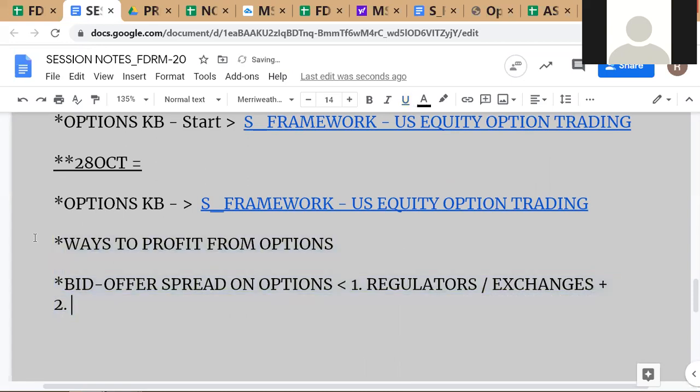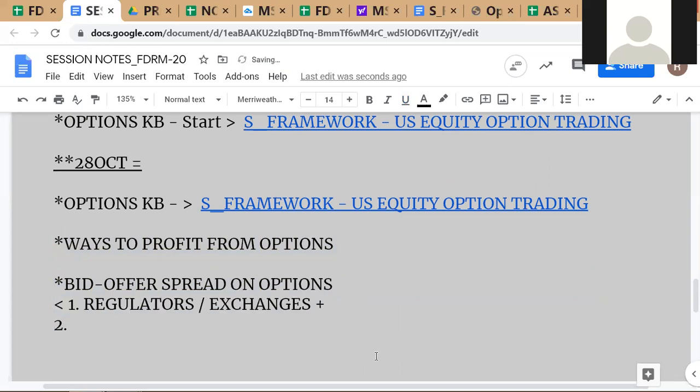So yeah, one is that bid offer spread on options is determined by regulators and exchanges, and then also by liquidity. Okay. So as you have higher liquidity, you will have narrower bid offer spreads. So that is a function of liquidity, which is a function of the underlying asset. Then it's a function of the expiration date. Okay, where most people will have interest is in generally 1 month, 3 months kind of time frame.